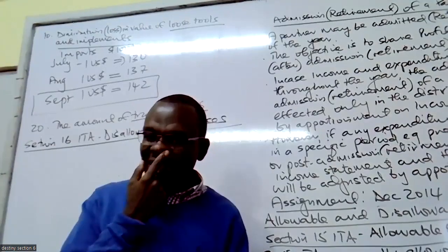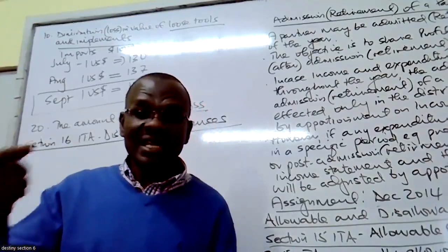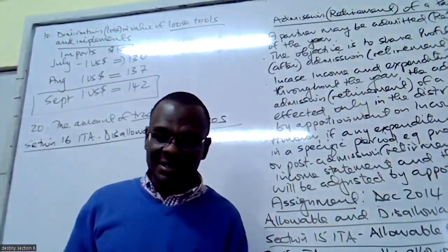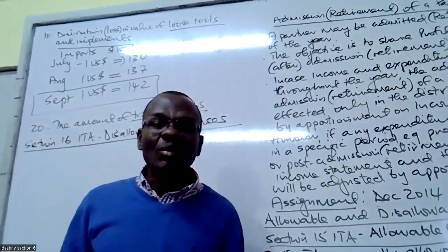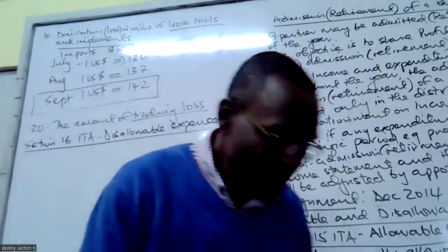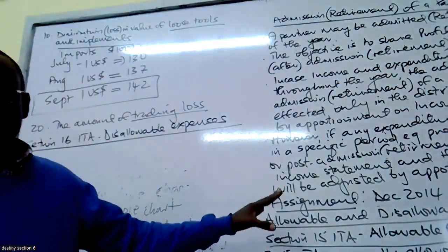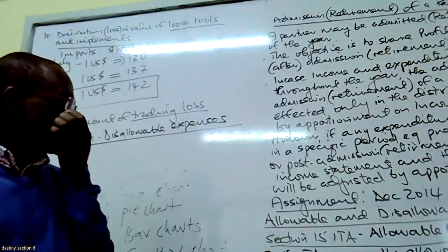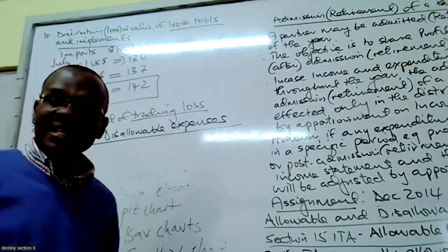If a non-resident has royalty income from intangible property, withholding tax will be 20%. So any expenses incurred by a non-resident person will not be allowable for tax purposes. That concludes our discussion on allowable expenses under Section 15 of the Income Tax Act and disallowable expenses under Section 16.